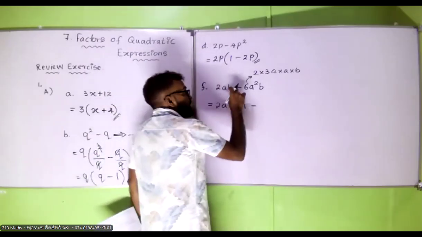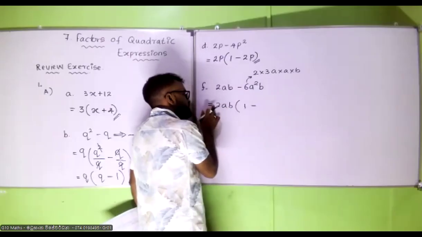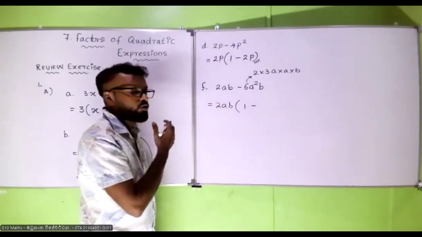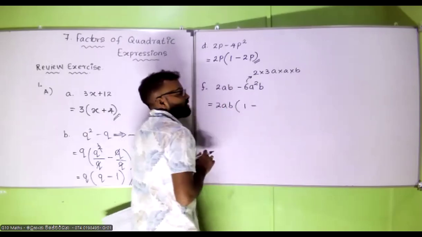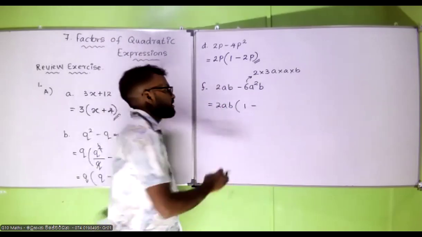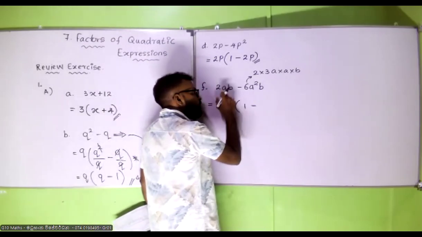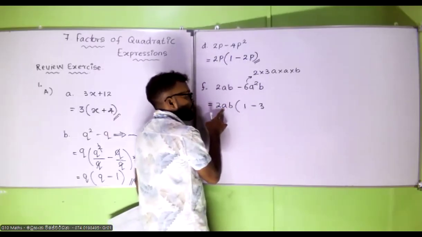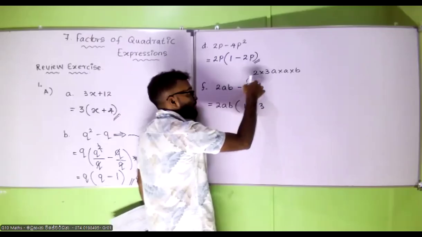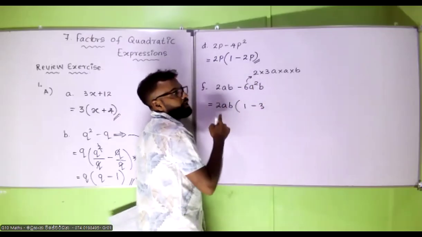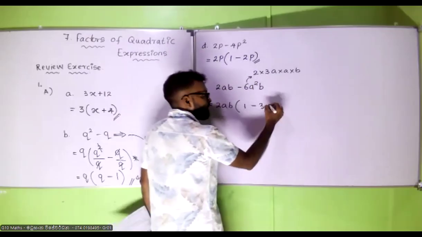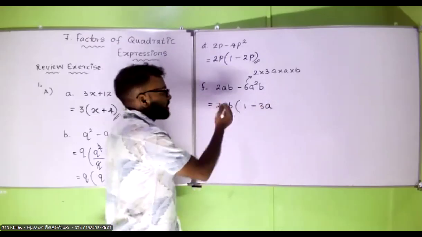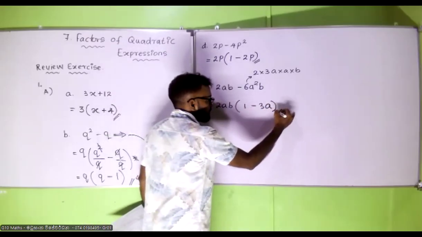So minus, because this is already a positive term, you are taking out, this negative sign won't change. If you are taking 2 out from this 6, it will be 3. Here you are taking a out of this a multiplied by a, that is a multiplied by a divided by a. So the remaining term is a. Here you have only one b, you are taking it out. So this should be your answer.